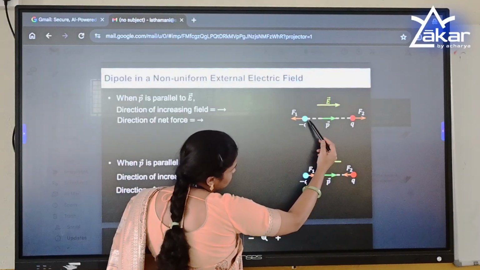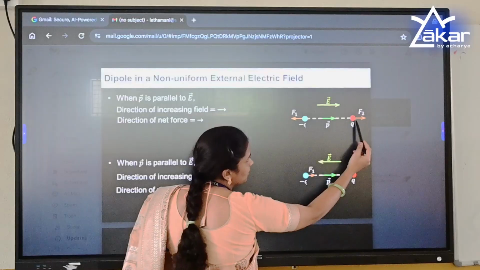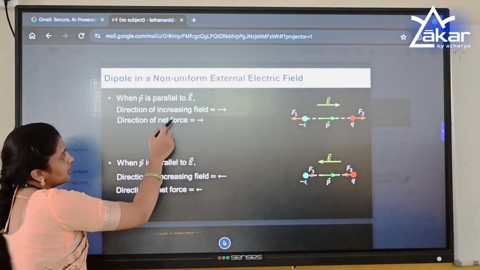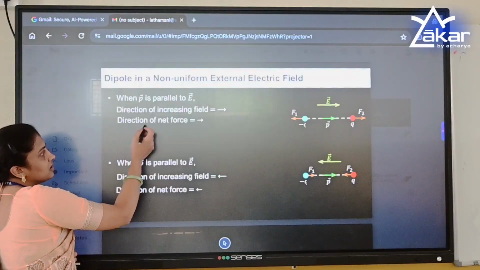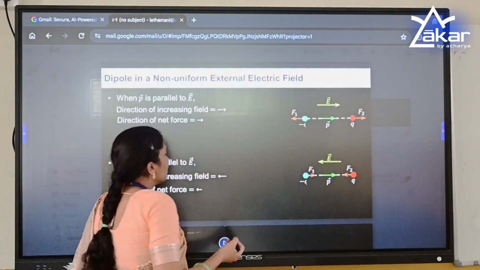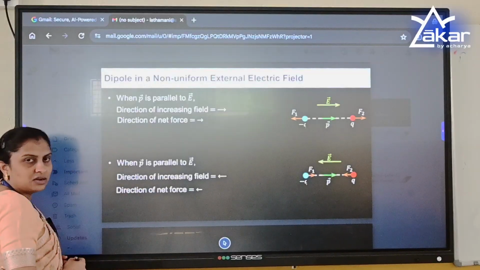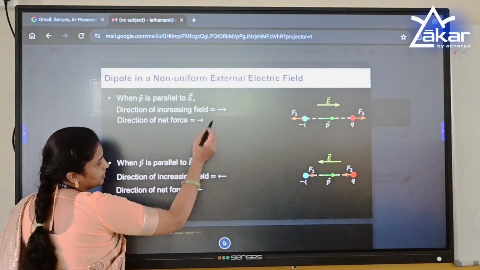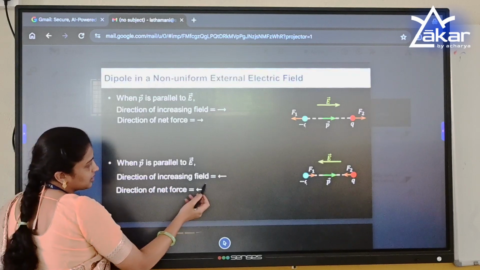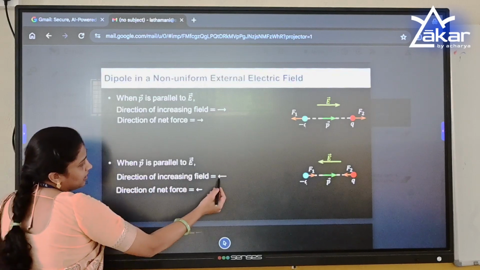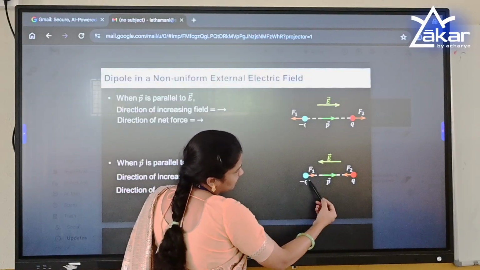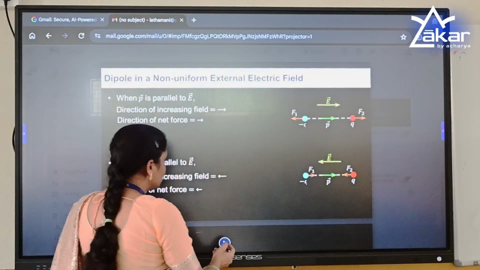If you place an electric dipole in a uniform electric field parallel, then the direction of net force is in this direction, increasing the field. If it is antiparallel, it shows the direction opposite.